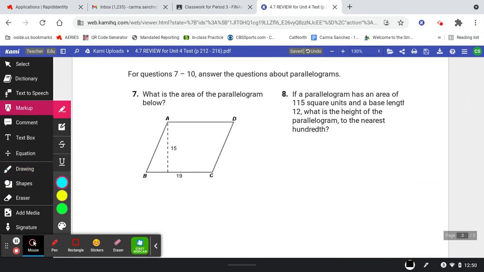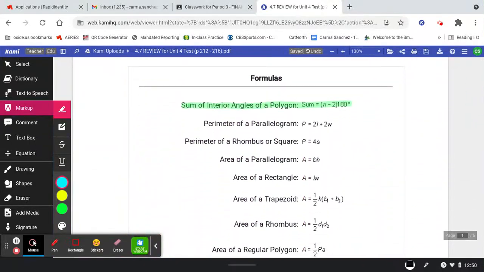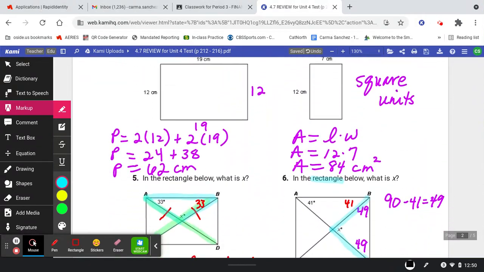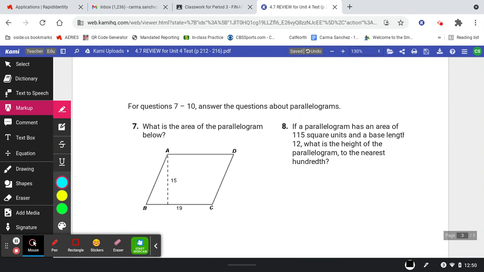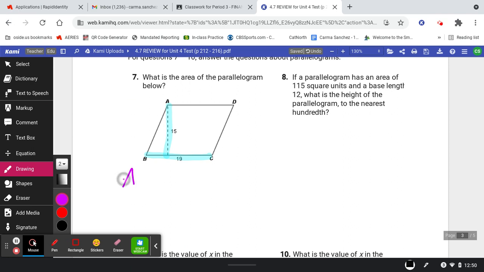Next is the area of a parallelogram. So just real quick, of course you can look it up, but way up here, area of a parallelogram is base times height. Base times height. So base times height is 19 times 15.